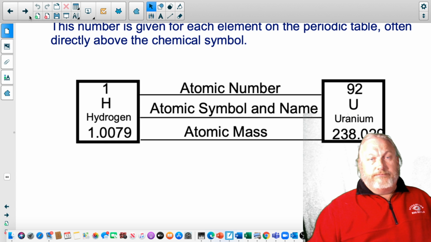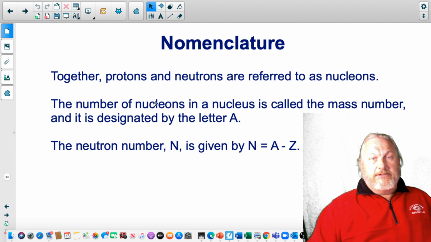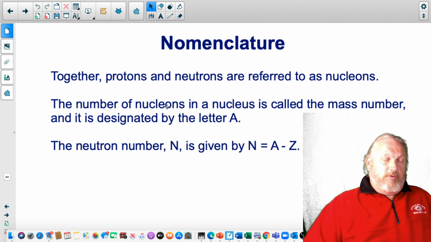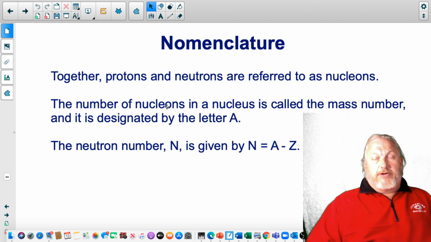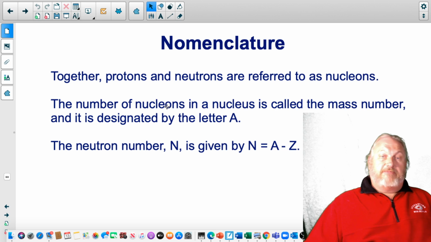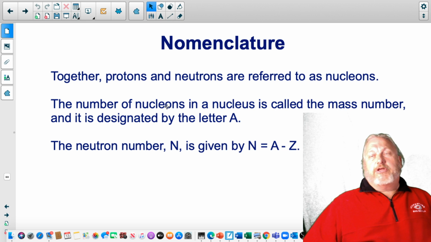Now the mass is really the nucleons. And what we mean by nucleons is the subatomic particles that are in the nucleus. So protons and neutrons are in the nucleus, therefore they are the nucleons. So when someone talks about a nucleon, you're talking about a proton or a neutron. We have another designation we use for the mass number, or the number of protons and neutrons.